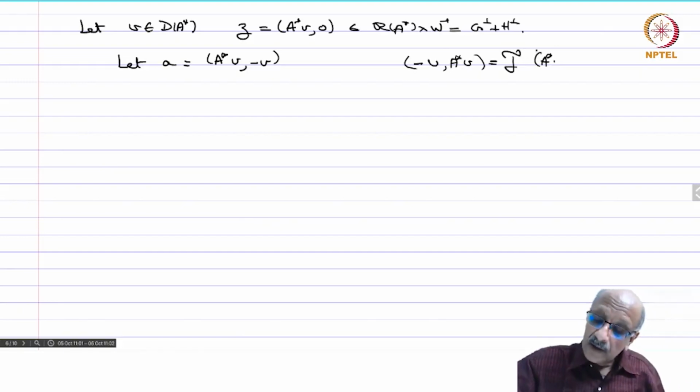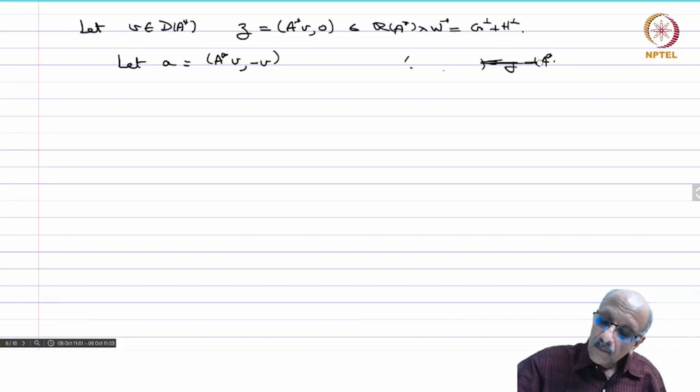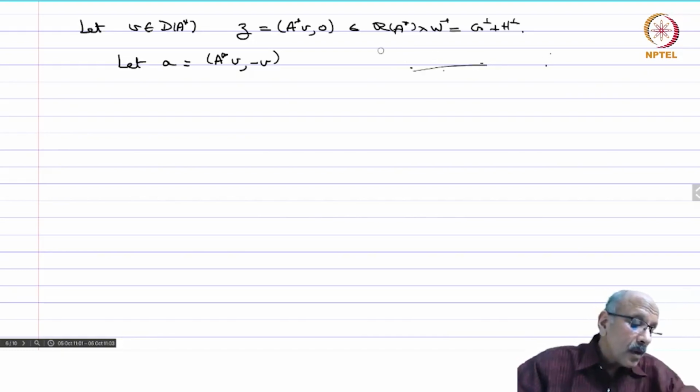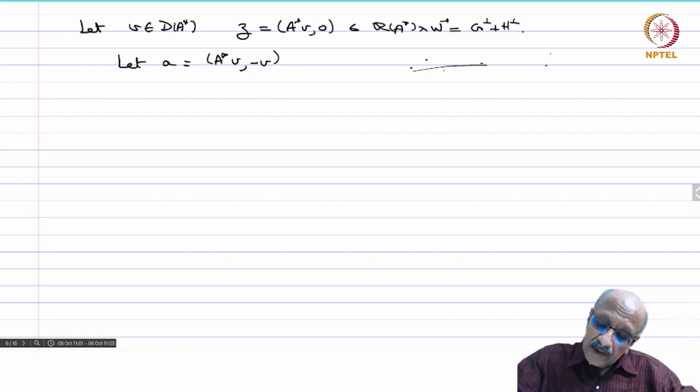Sorry, this is wrong. So take A star V, minus V. If you had taken minus A star V, this belongs to J of the graph of A star.